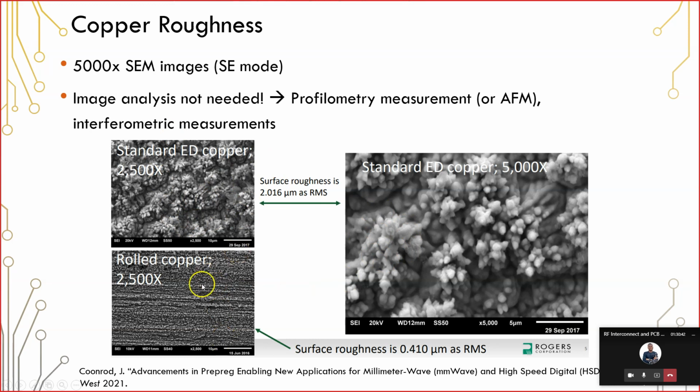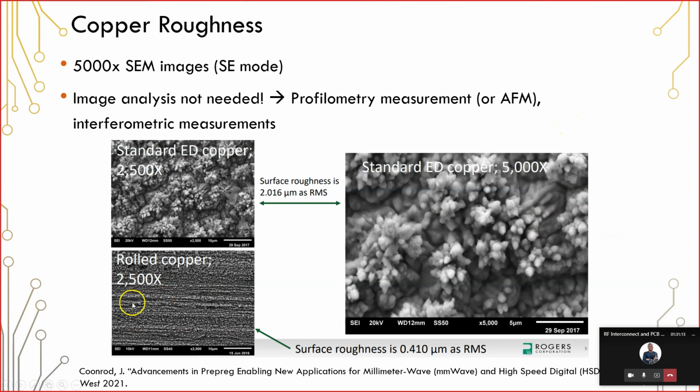As an example, this data from Rogers, from John Coonrod, he has extracted the surface roughness value, and he can very clearly see why you have roughness. The electrodeposited copper, when it is electrodeposited, accumulates in these big clumps. You have these little particles that make up these larger clumps on the surface of the copper foil, and that is what gives you this roughness profile.